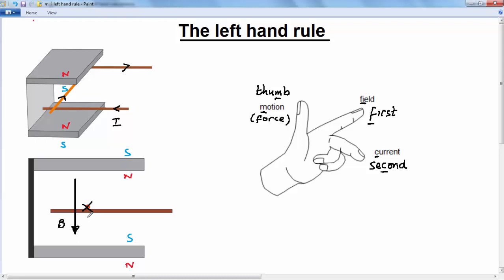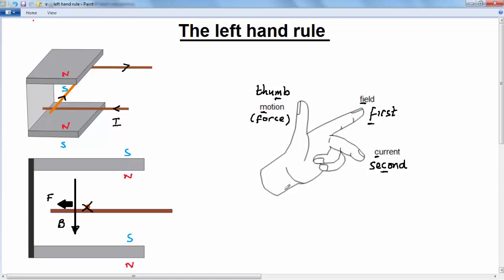This is where it starts to get a little bit awkward, and then your second finger is still pointing into the screen because that's the direction of the current. Now have a look at your thumb. Which way is your thumb pointing? It's pointing to the left. So by swapping the poles over, we've changed the direction of the force, or the direction of motion of the conductor.